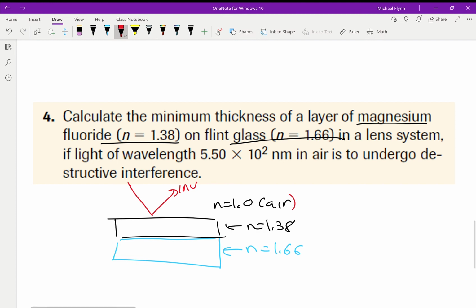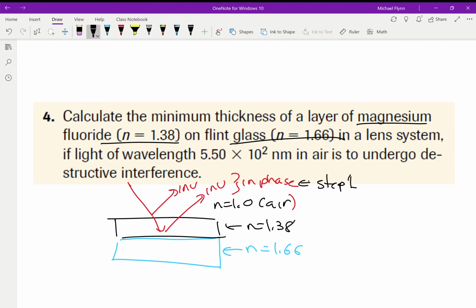Now the next ray will penetrate through, and it will bounce off, and it will be inverted too, because the glass is more dense than the thin film in this case. So that's another hard boundary. So there's 2 hard boundary reflections there. So that means they're in phase. So this is unlike the question we just did. All right, so that's step 1.